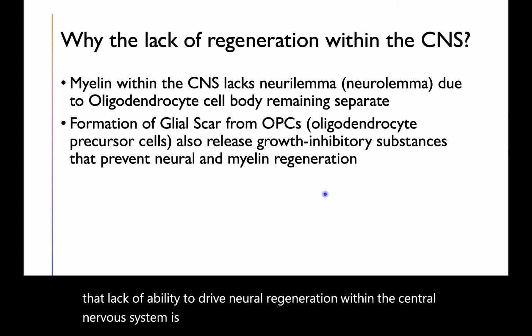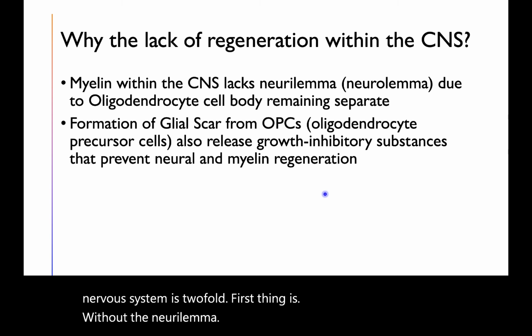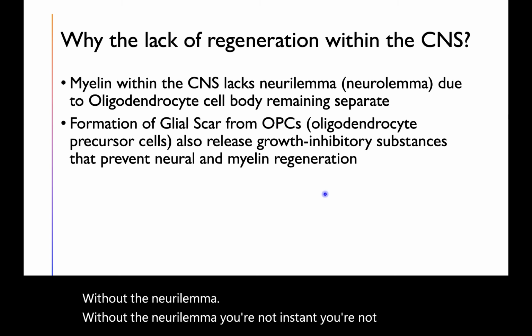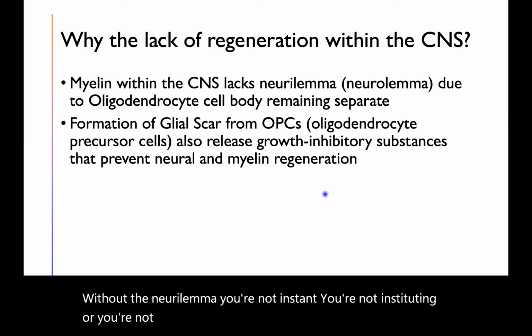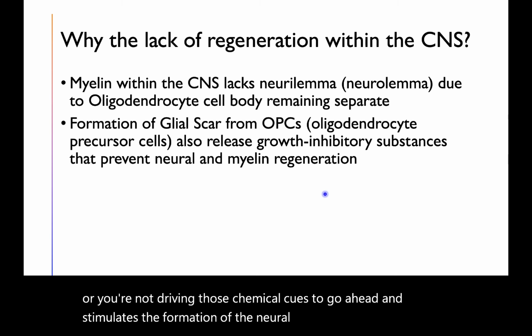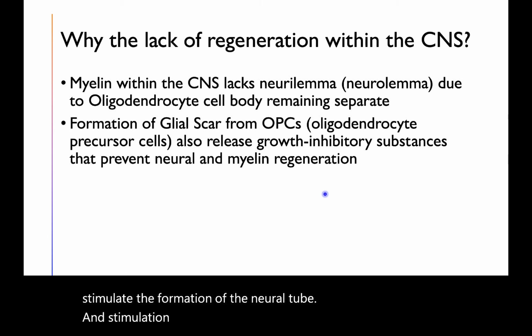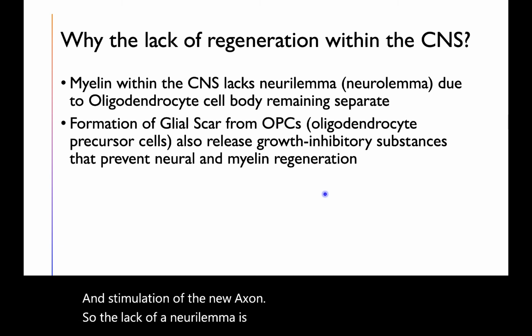First thing is, without the neurolemma, you're not driving those chemical cues to stimulate the formation of the neural tube and stimulation of the new axon. So the lack of a neurolemma is issue number one.